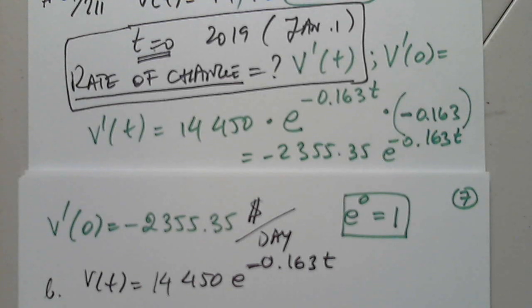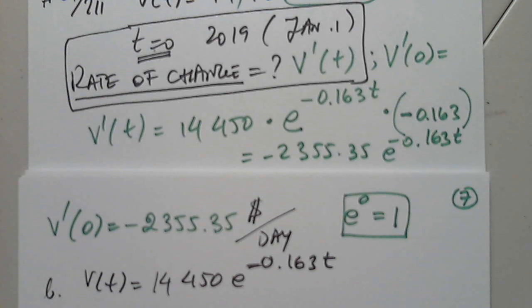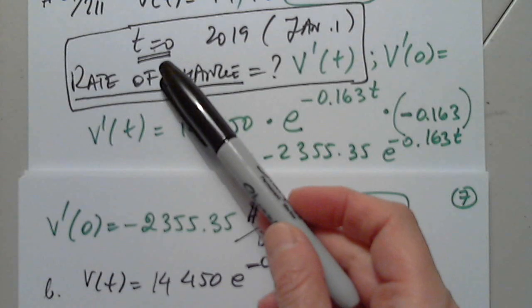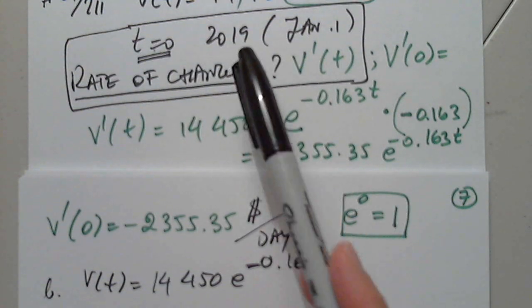So we have to go back in time, right? Because t equals 0 is 2019.